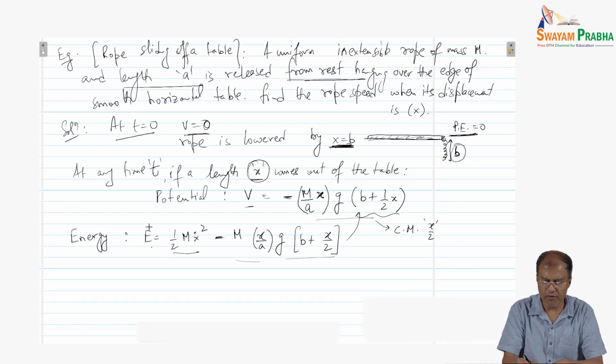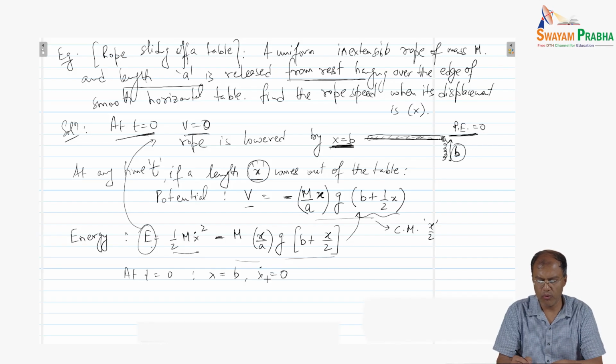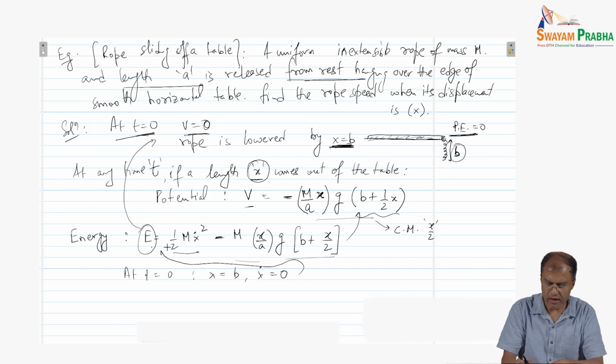So we can find what is this constant E using my initial condition. So at t equal to 0, we have that x is equal to b and x dot is equal to 0, right? So we can plug all this information in to find E, and after finding E, we have the following relation.